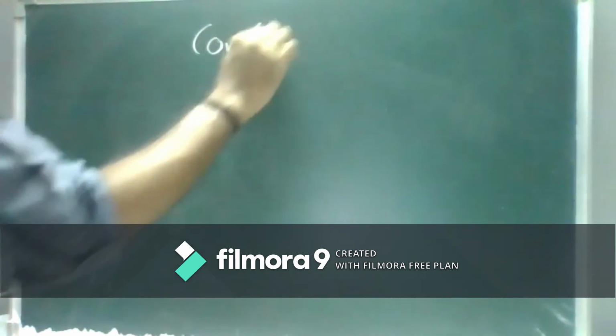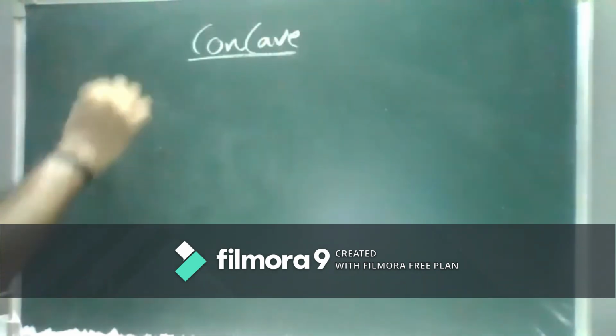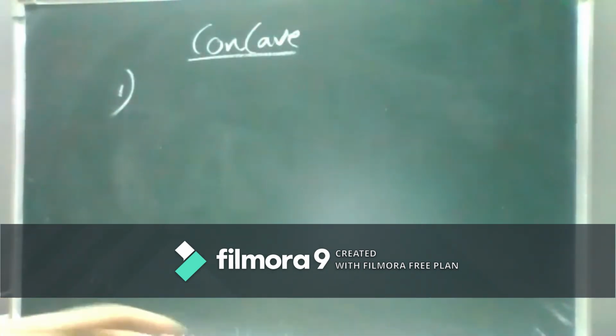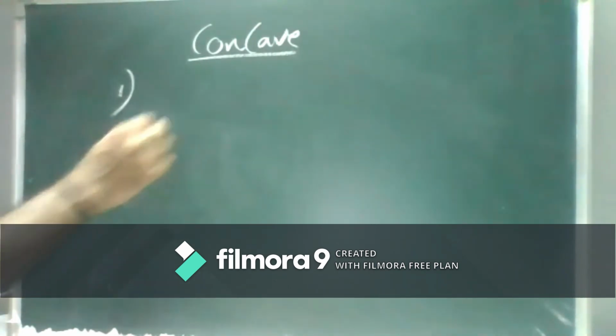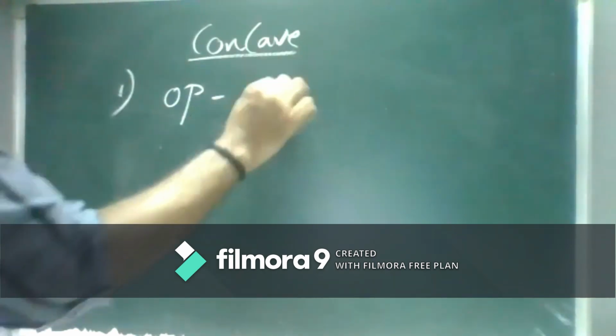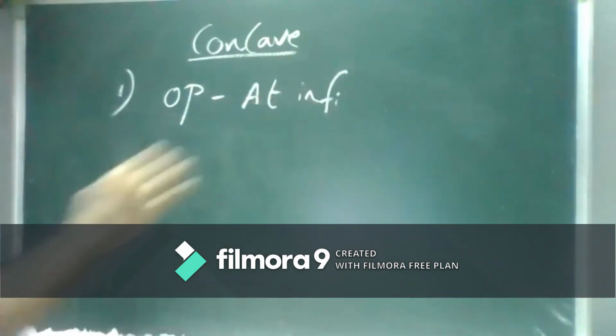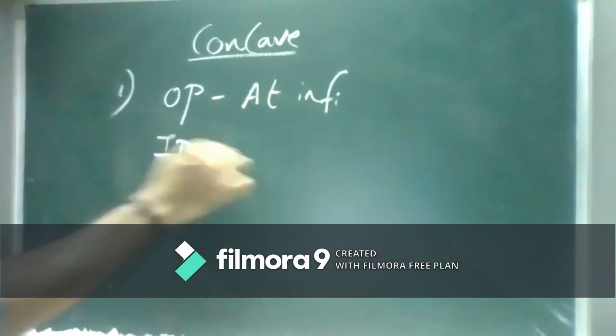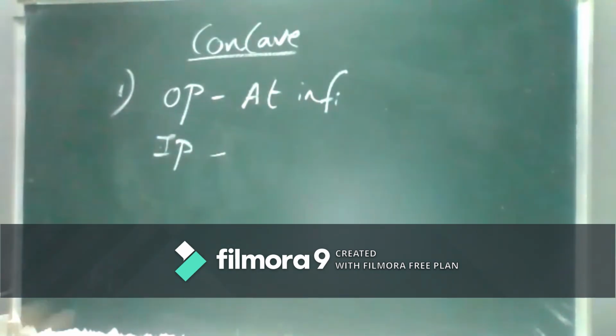Okay, so next we'll see the concave lens. In the concave lens there are two ray diagrams. Let's look at the first one. Object position at infinity, and image position at focus.